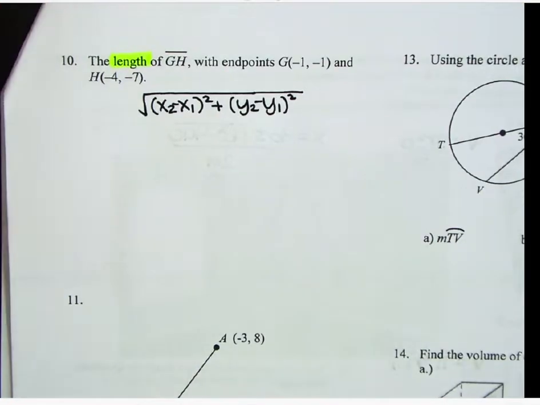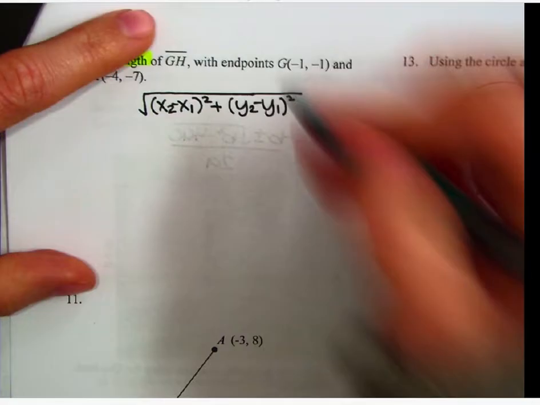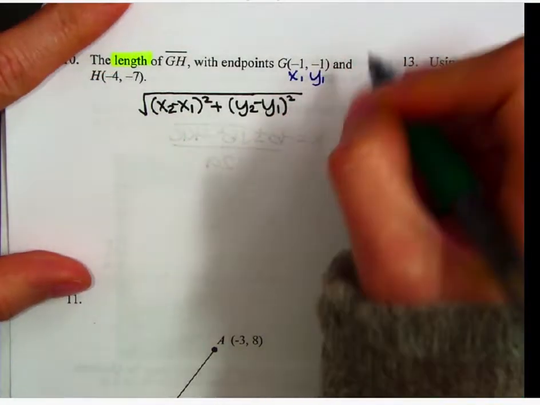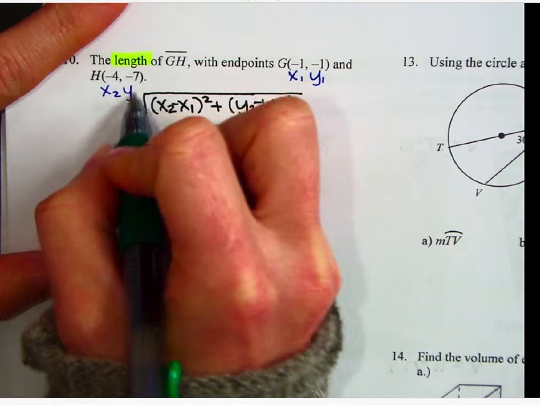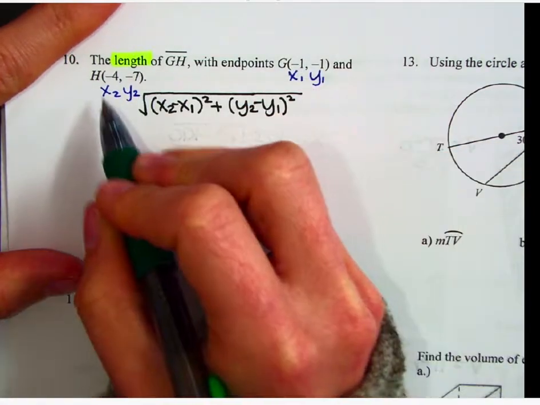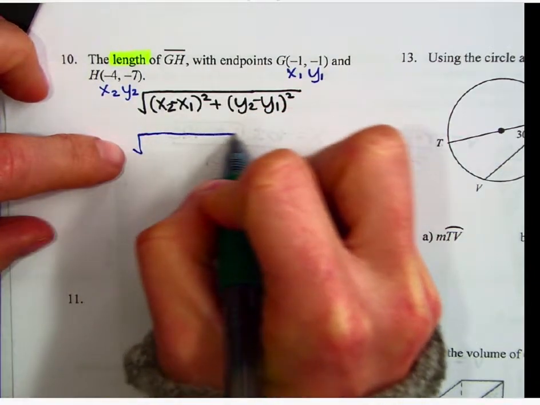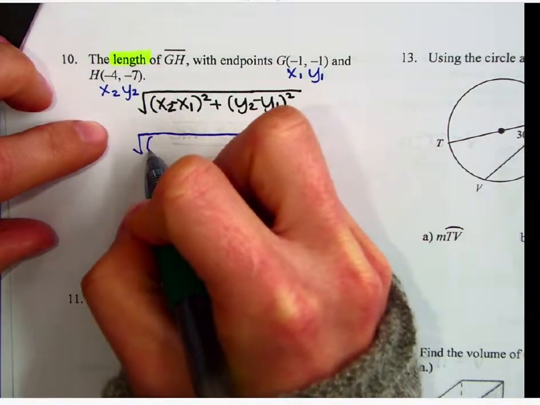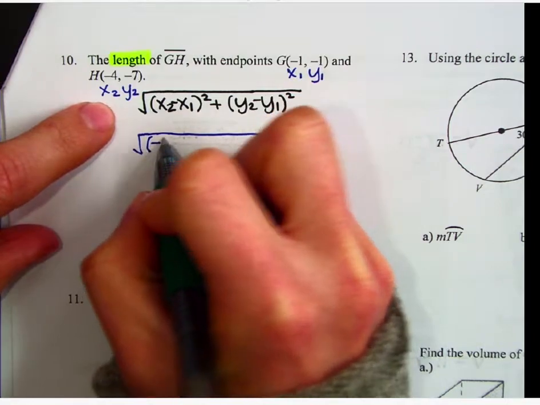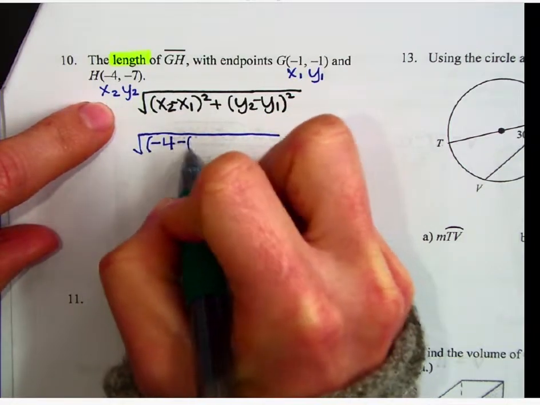Number 10, we're going to find the length of GH given the endpoints. I'm going to label these endpoints as x sub 1, y sub 1, x sub 2, y sub 2 for one ordered pair and the second ordered pair. So following our length or distance formula, we need to find the difference in the x values. So -4 minus -1.